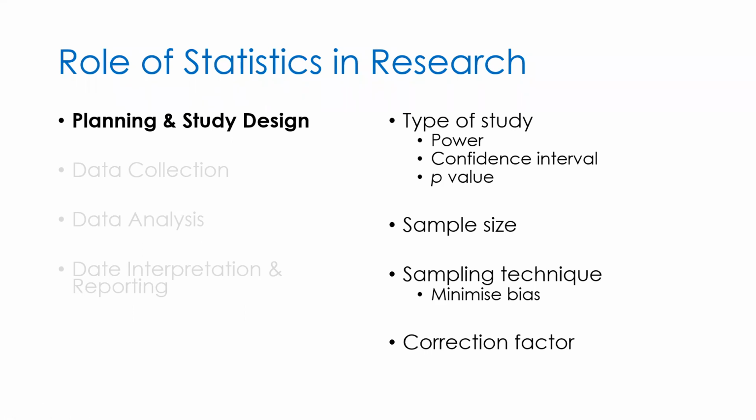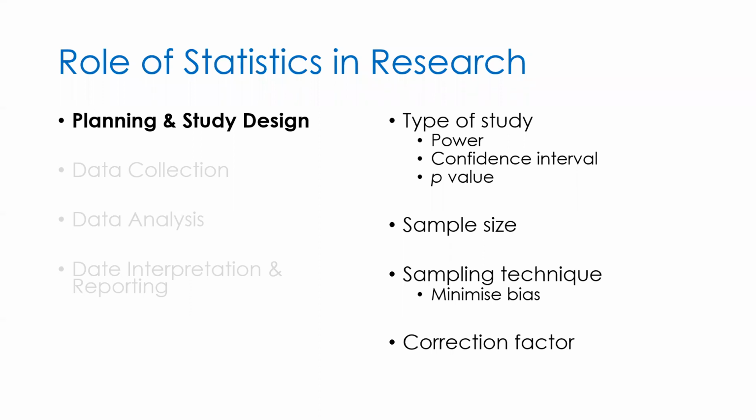So I think we'll take it right from the beginning of the research cycle, from planning and study design. The importance of statistics here is the fact that a lot of what you are going to do depends on the type of study. If you are going to be calculating sample size, then you need to power your study properly.